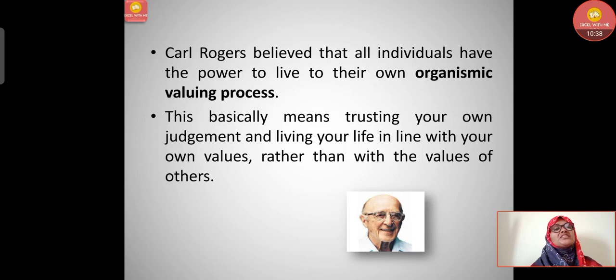This basically means trusting your own judgment and living your life in line with your own values rather than with the values of others. We can take inspiration and motivation from others, but blindly we cannot become such persons whom we like or follow. We should have our own identity and we should depend on ourselves, self-dependence.